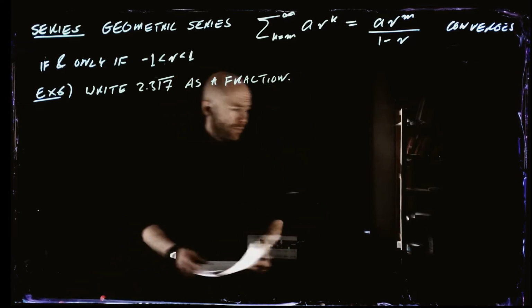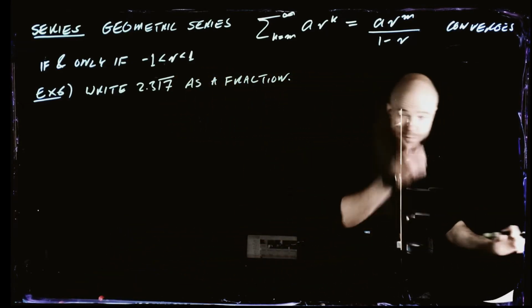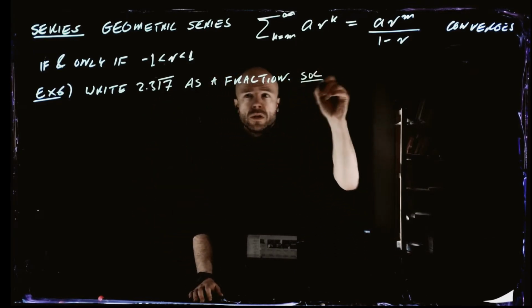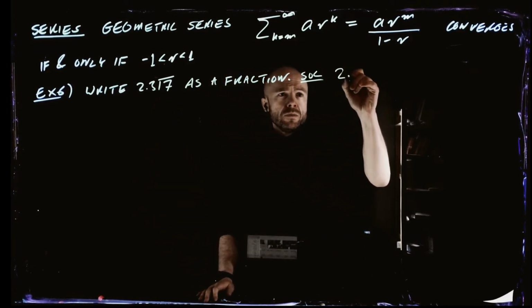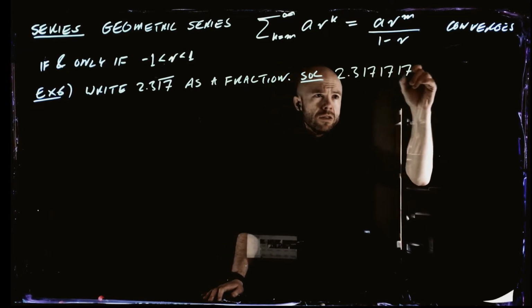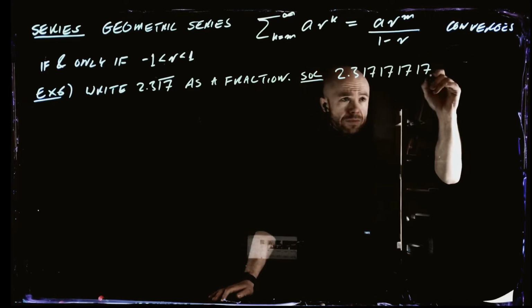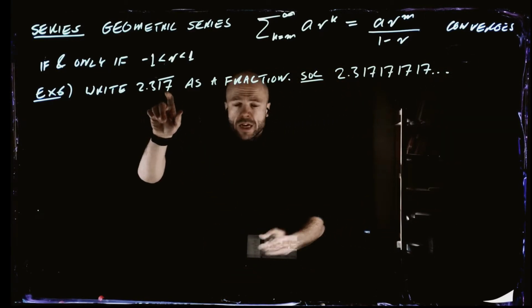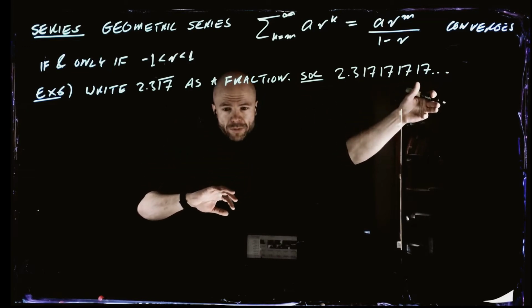Okay, so 2.317 is 2.317, 17, 17, 17, and so on forever. So this bar above the 17 means that the 17 is repeated indefinitely.